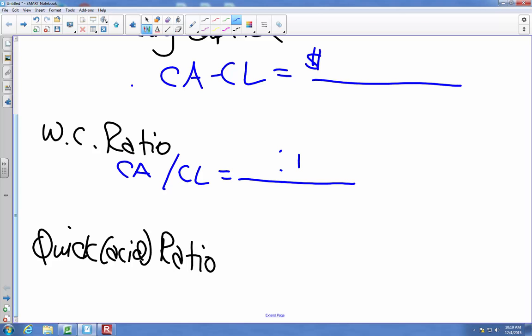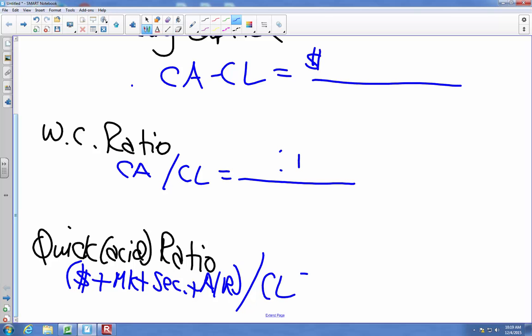So what this ratio says is instead of just how many dollars of current assets do I have to cover every dollar of current liabilities, it's only your most highly liquid assets. So that formula is cash plus marketable securities plus AR divided by current liabilities.